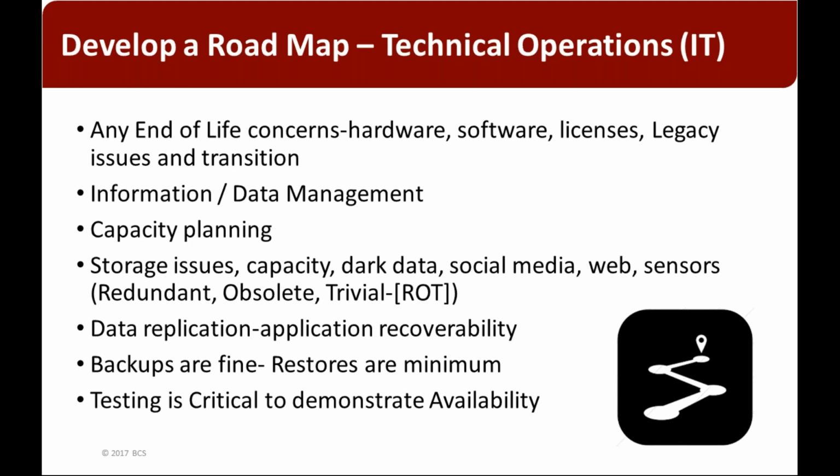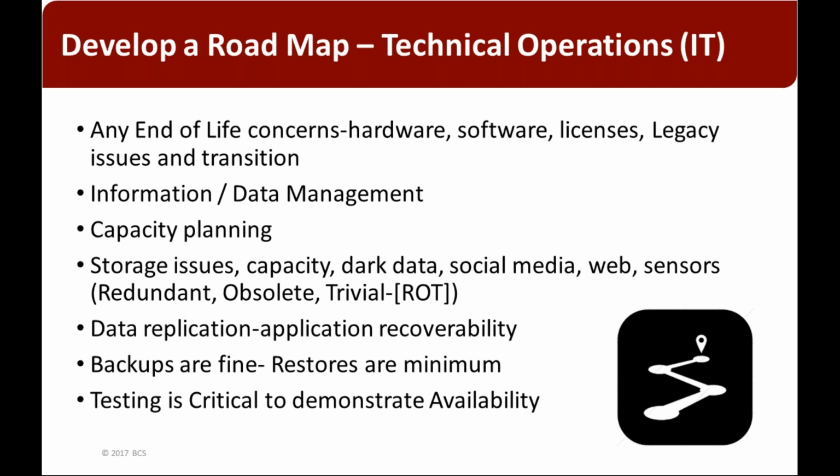How do you manage information and data? This is getting to be huge. I gave a presentation last week on that to the chapter in Minneapolis, just talking about dark data. The definition of dark data is: how much information are you gathering now that comes from social media, from systems that you put in, from sensors, and how much is rot?